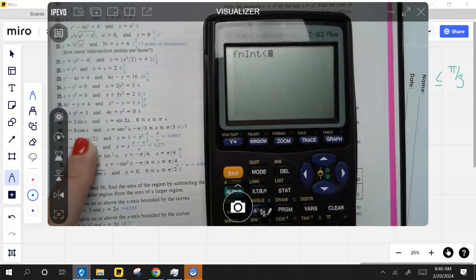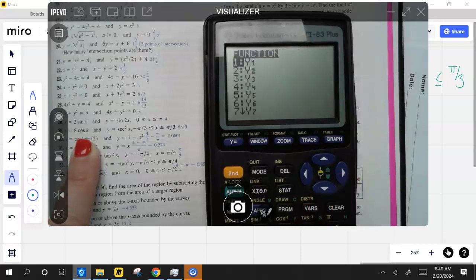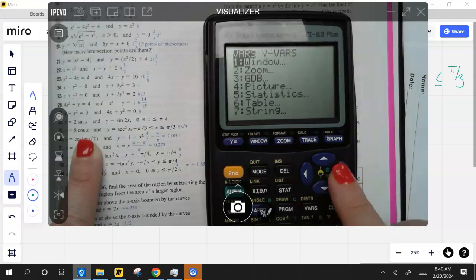Now I need to do top minus bottom. Y1 is top, yes? Bars, Y bars, function Y1. Oops, I need to put a parenthesis around this. Minus Y2.